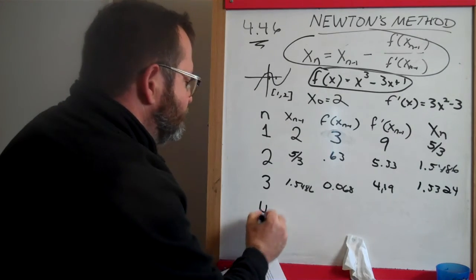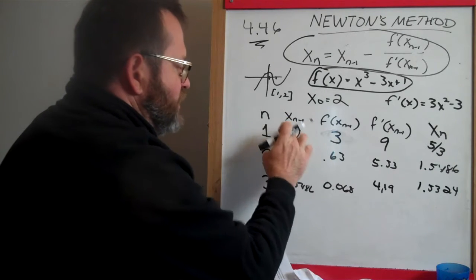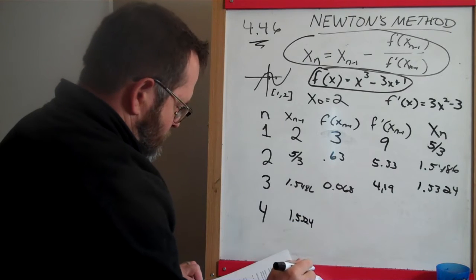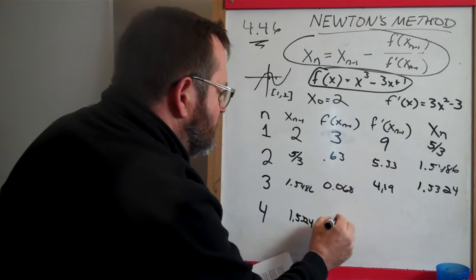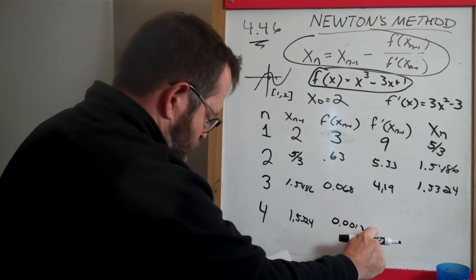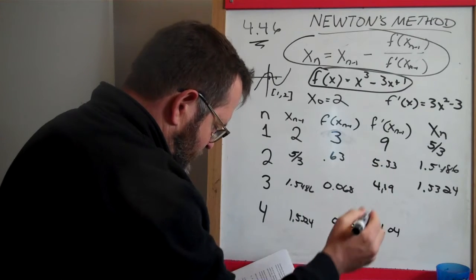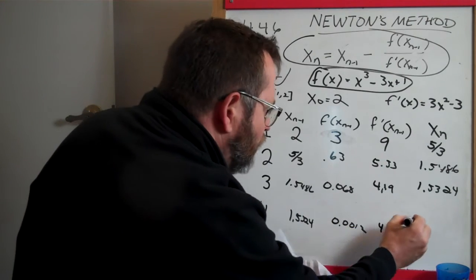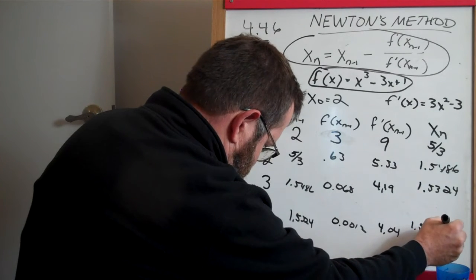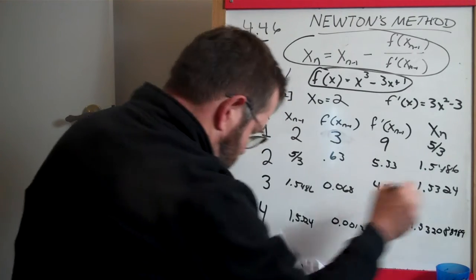Let's find x when n is equal to 4, our fourth guess. Well, the third guess was this. f of the third guess was this. f prime of the third guess was this, and it keeps going. And x4 turned out to be 1.53208889.